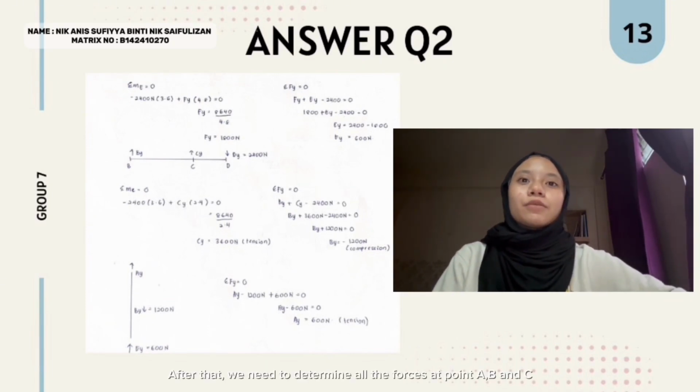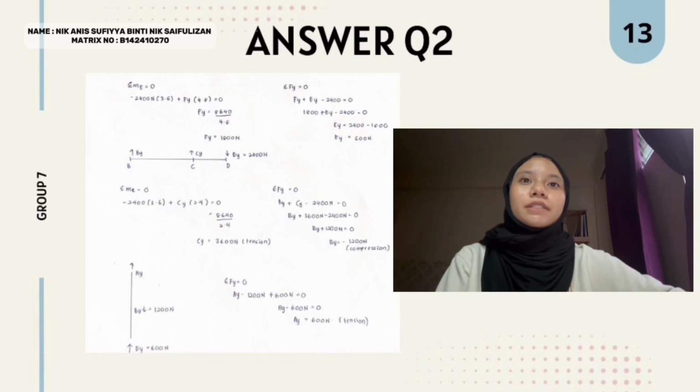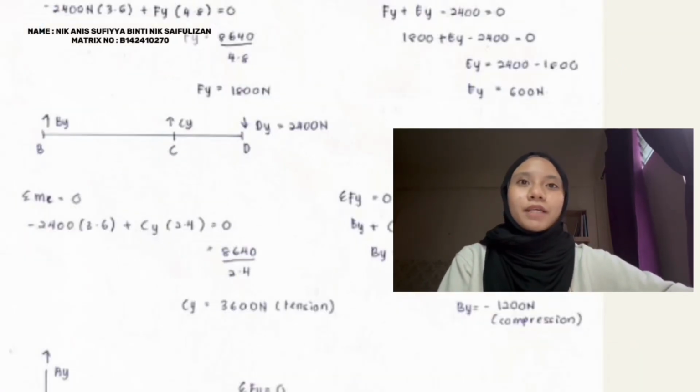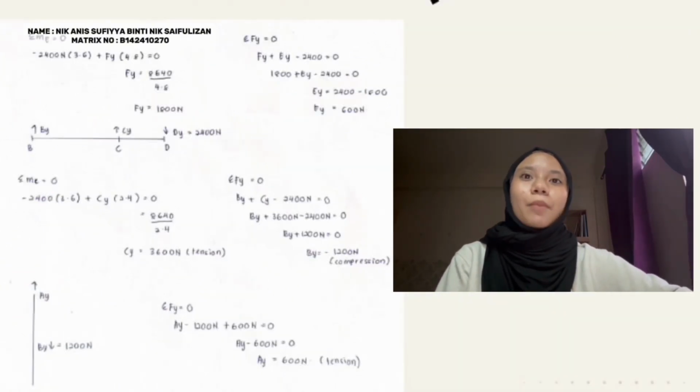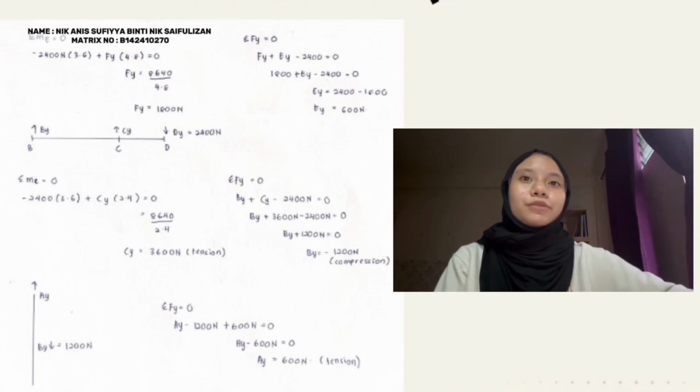After that, we need to determine all the forces at points A, B and C. We start from point B to D, since we have points B, C and D on that line. We use the sum of the moments again, equal to 0.